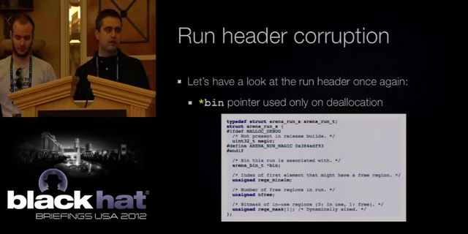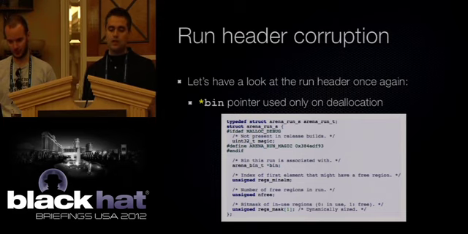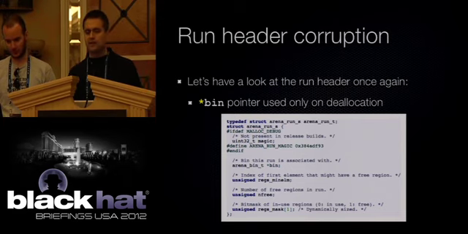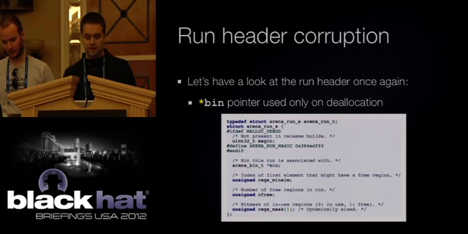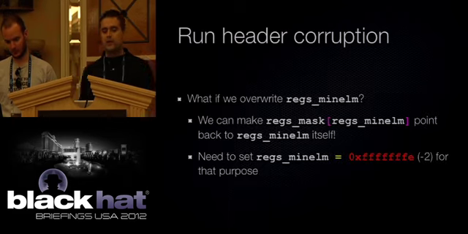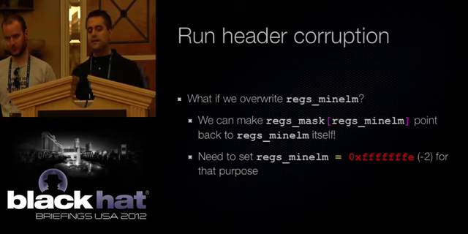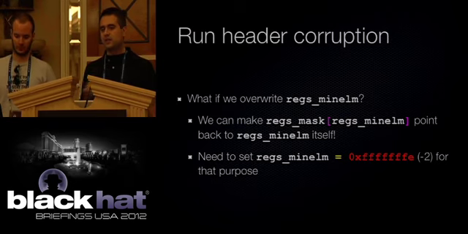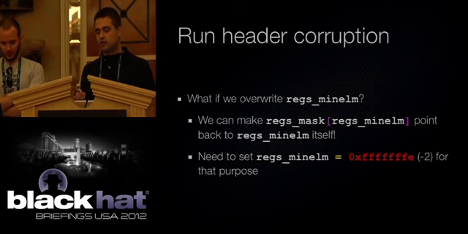So we decided to go for something simpler. So let's see what we can do. What do we gain if we overwrite this regs_minelm element? Remember that regs_minelm is an index to this bit mask that helps us find the free regions on the run.